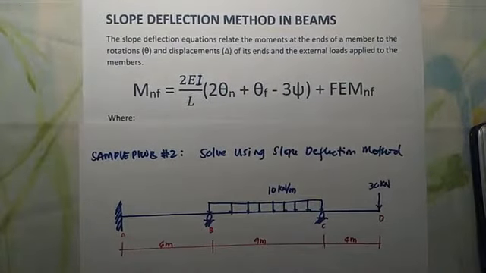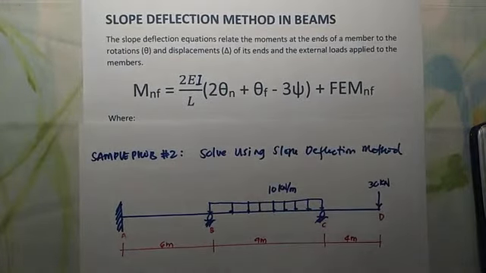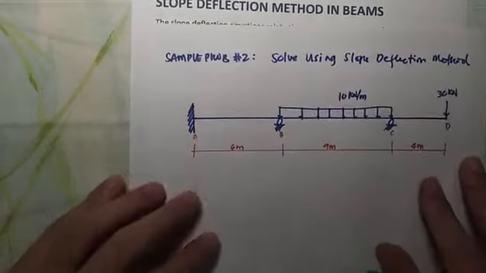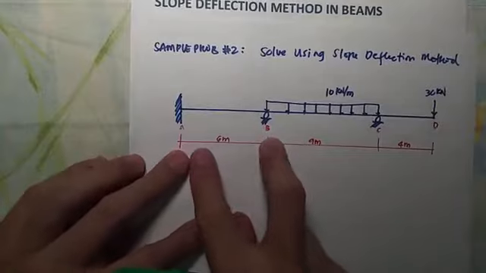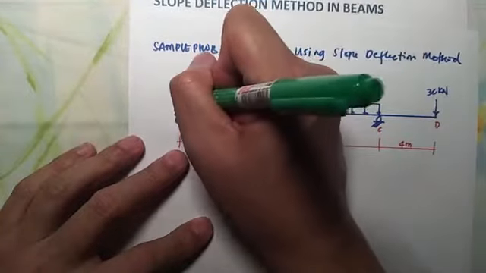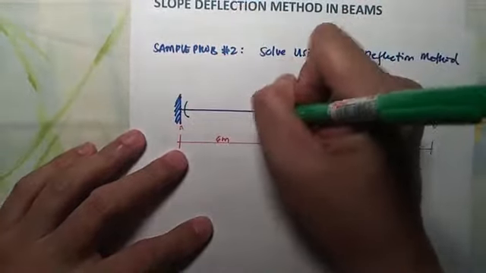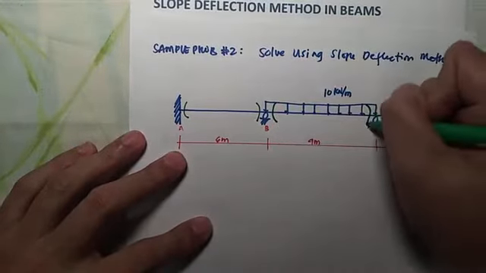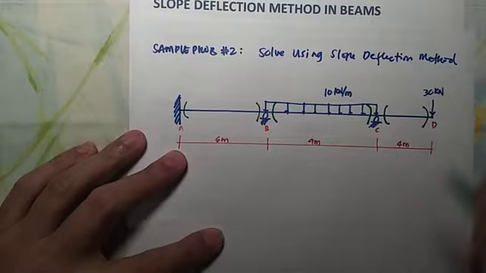So the first step is to identify the members and moments. For segment AB, we assume that all moments are positive. Positive means counterclockwise.